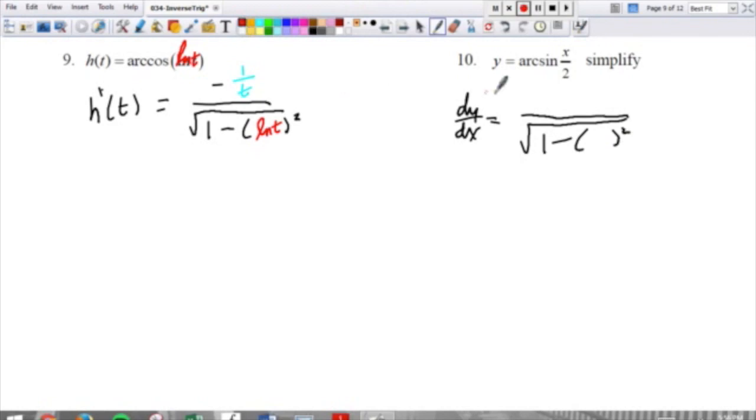Who is the current inside? It's x over 2. I really did a good job highlighting that. Bam. And now, what's the derivative of the current inside? The derivative of the current inside is 1 over 2.